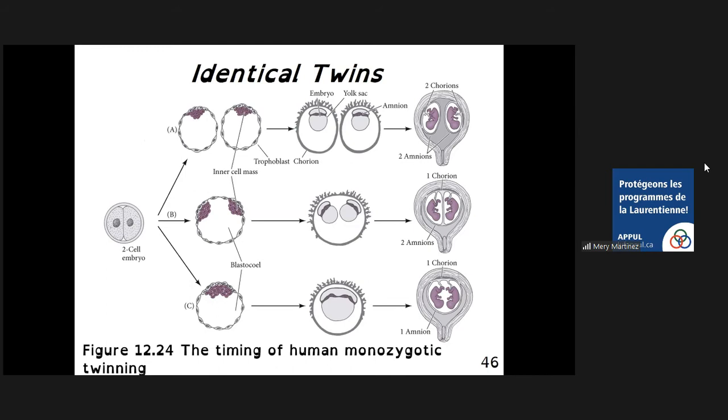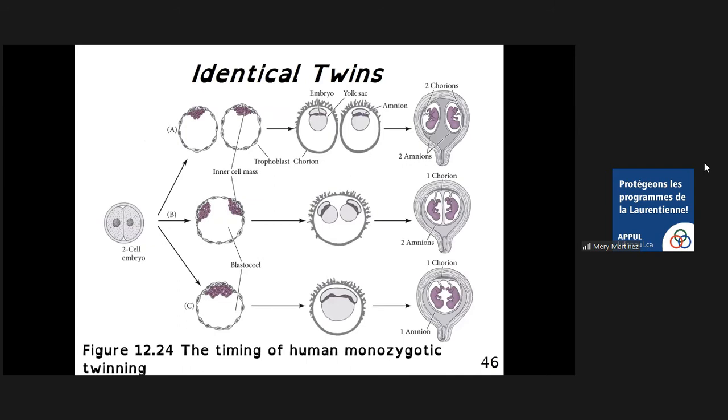Now, for the dizygotic twins, we have 2 eggs. So these are fraternal twins, and we have 2 fertilization events occurring. So monozygotic are identical twins, and dizygotic are where 2 eggs are fertilized.